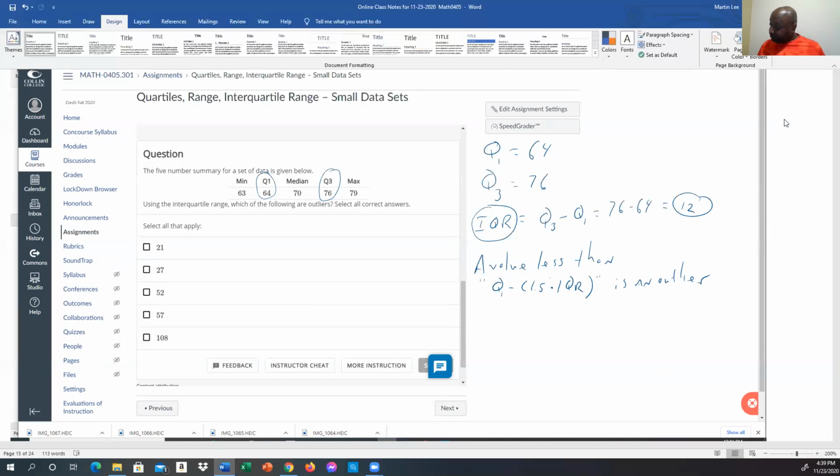So now let's substitute in what we know for Q1 and IQR. Q1 here is 64 minus 1.5 times IQR, which is 12. So this equals 64 minus 1.5 times 12 is 18. And then 64 minus 18 is 46.